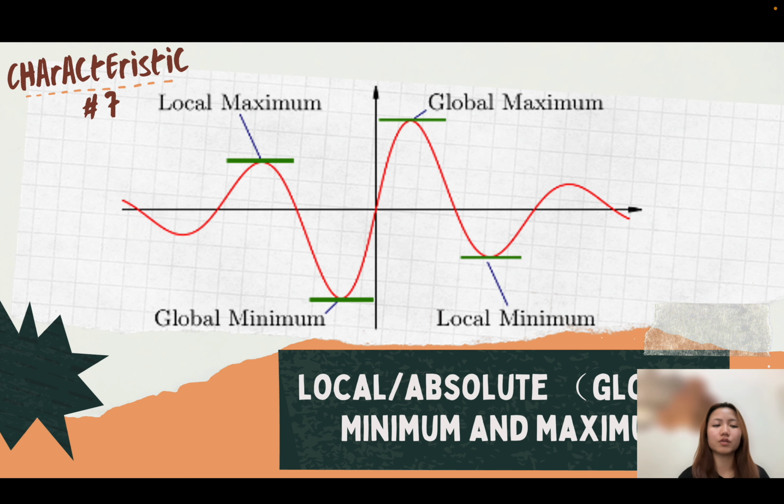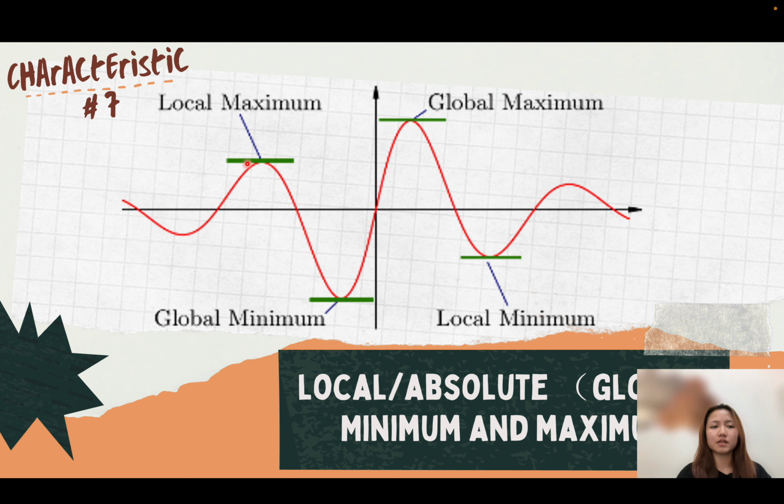And then we are going to talk about local and absolute, and absolute can also be called global. You can understand it like global maximum and global minimum, the highest point or the lowest point.